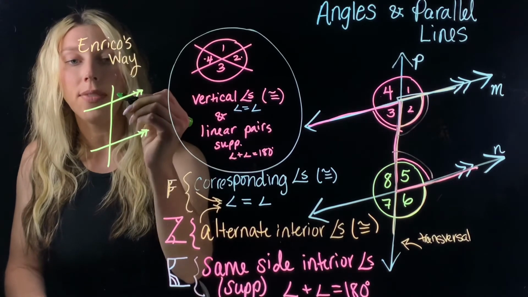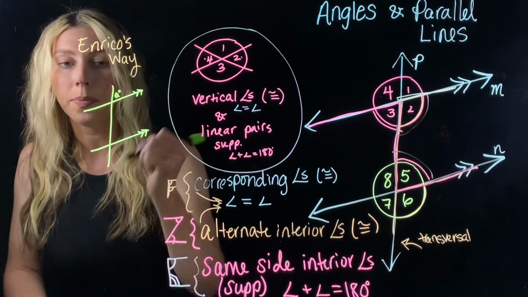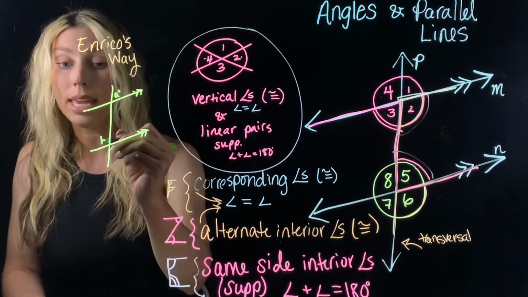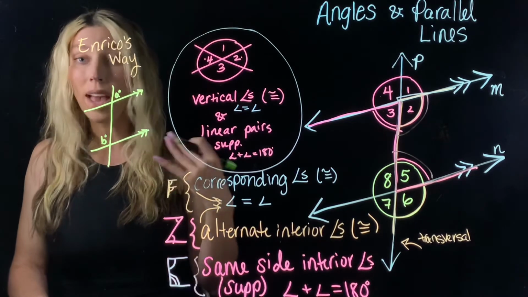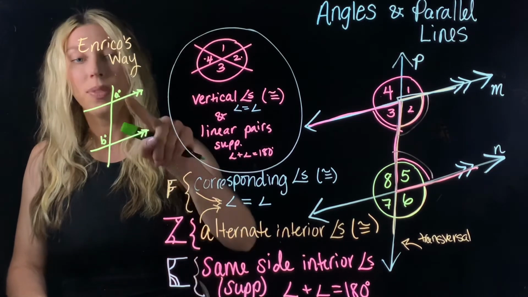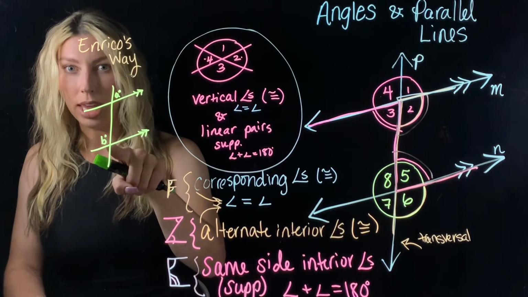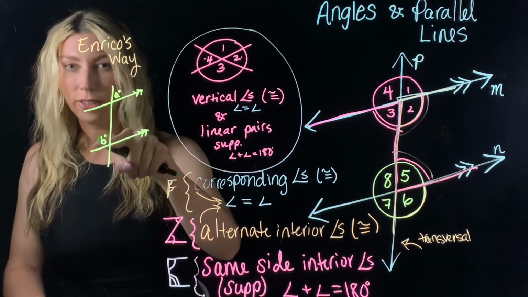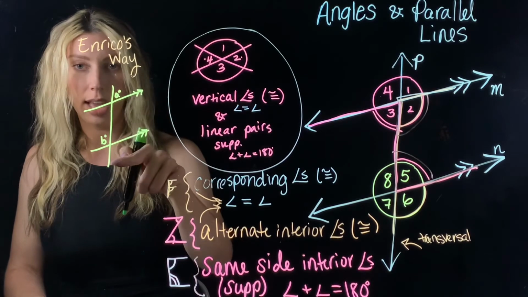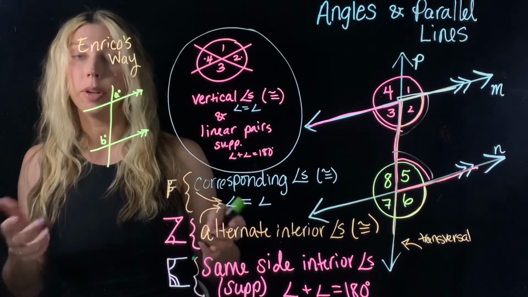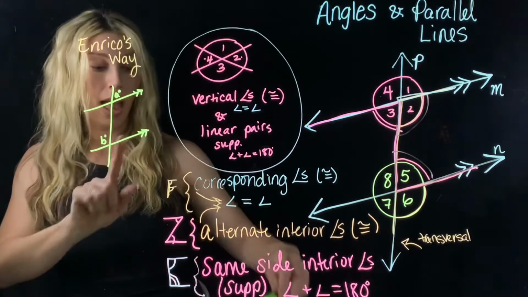So let's say they gave you angle A right here, and they gave you angle B right here. Now we have no name for this angle pair. We've got an exterior angle A, an interior angle B, but they're on different sides of the transversal line. So there is no vocabulary word to describe this pair.